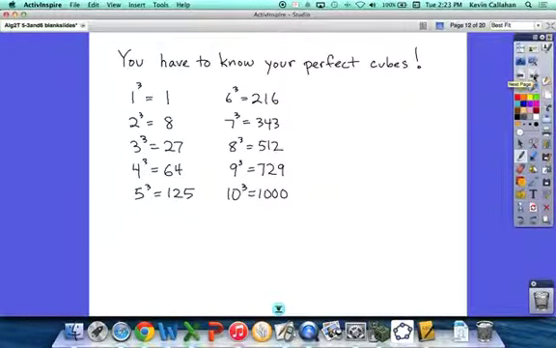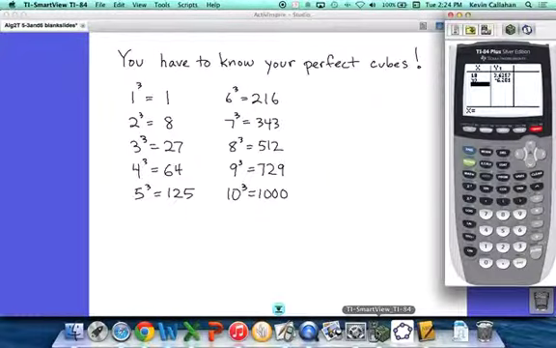Now, in order to recognize the kind of problem you're being asked to solve, you really need to know the perfect cubes, right? And everybody should be pretty good with 1 through 5. 6 through 10, maybe not so much, but 1 through 5, definitely. And if you're not familiar with them, remember that you could make your own table of perfect cubes easily enough in your calculator, right?